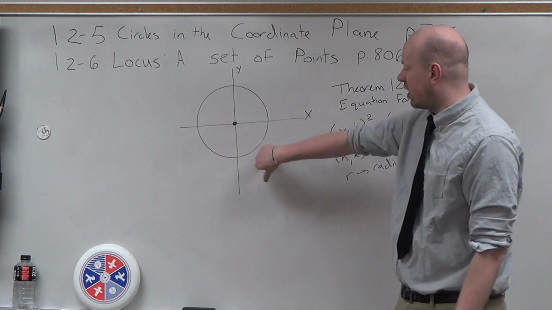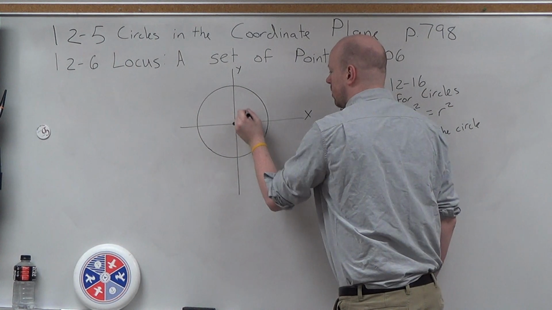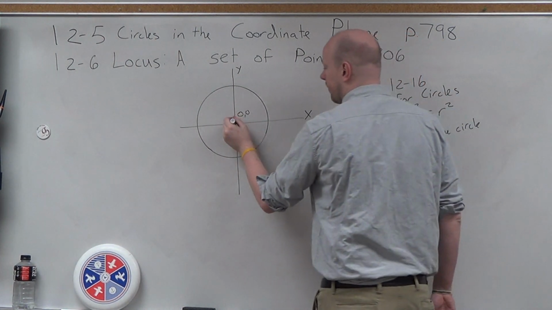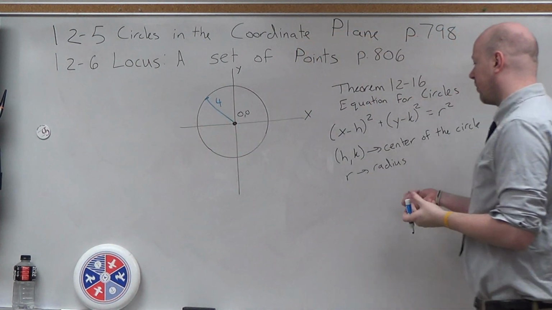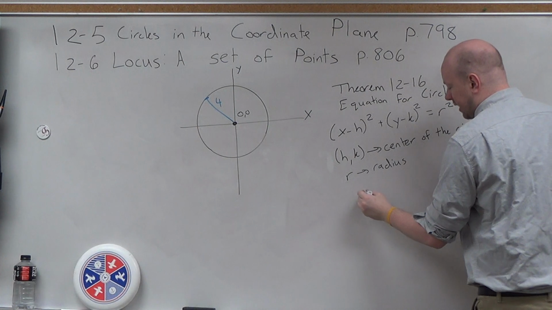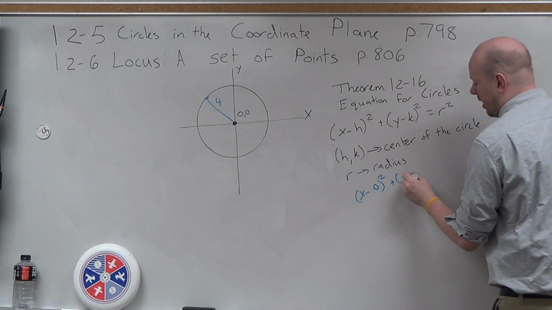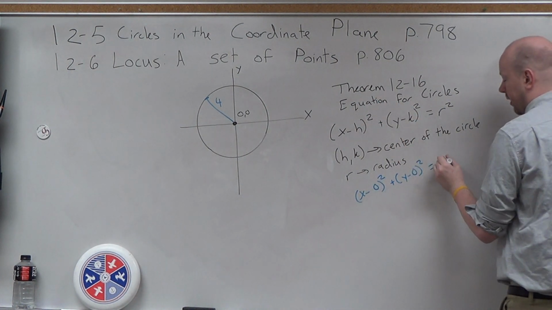So if this was drawn properly and my center was 0, 0, and my radius was some value, let's say 4, I would write x minus 0 squared plus y minus 0 squared equals 4 squared.